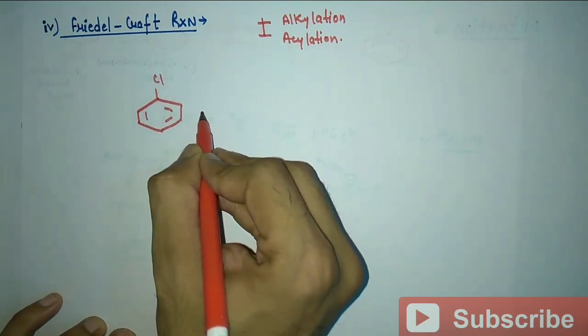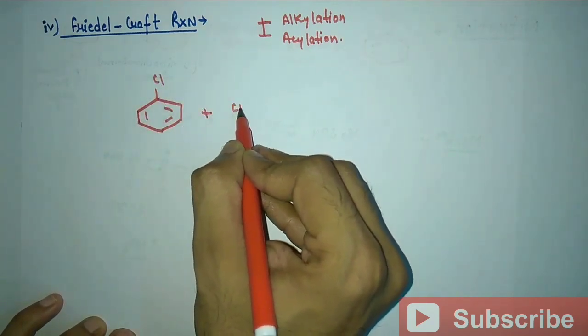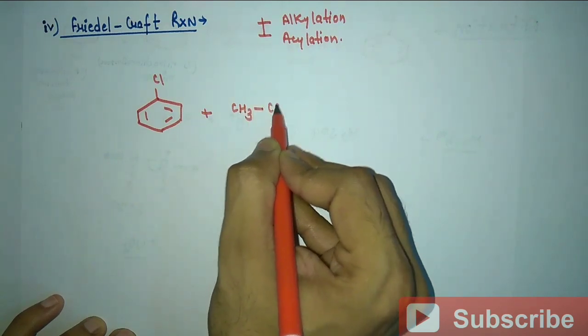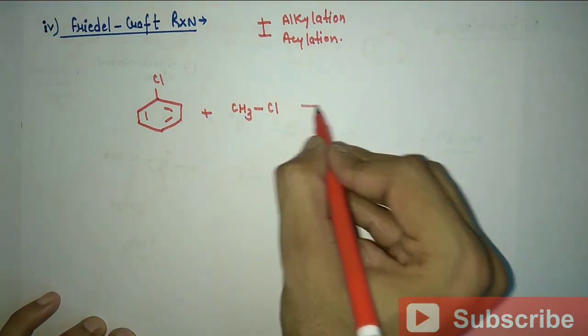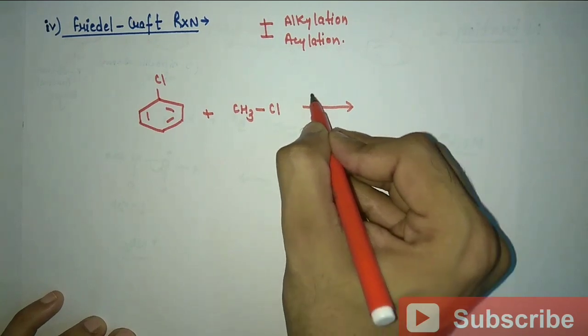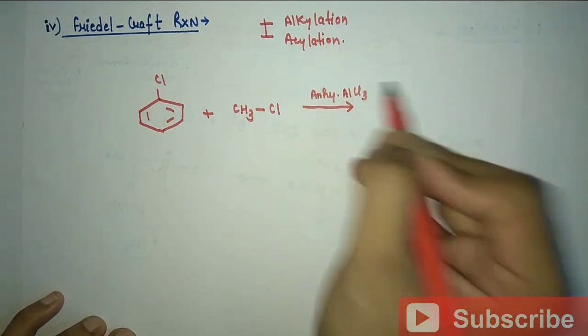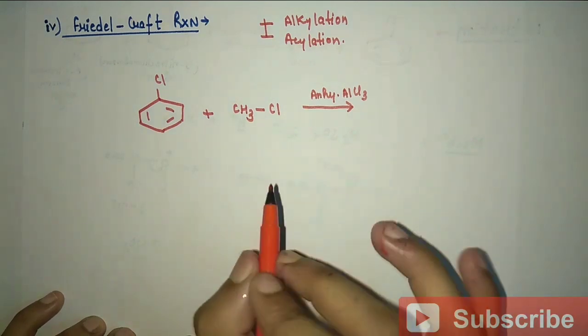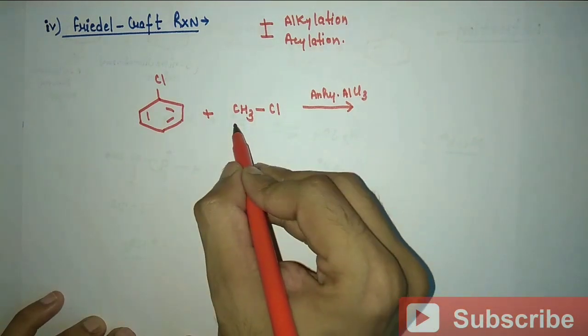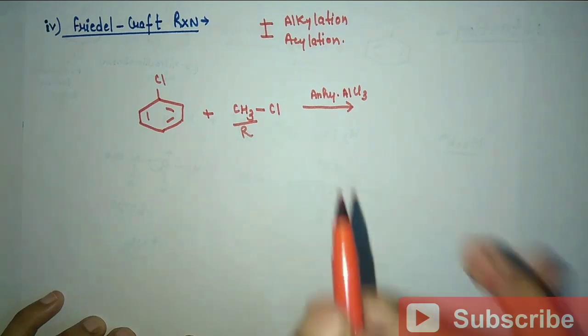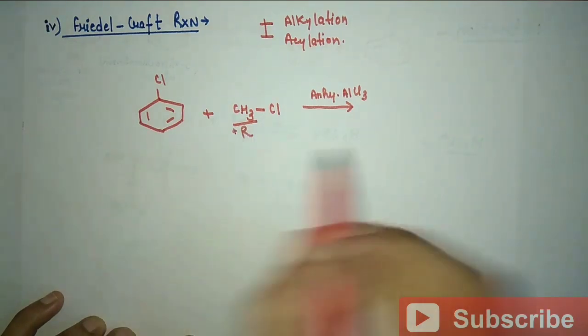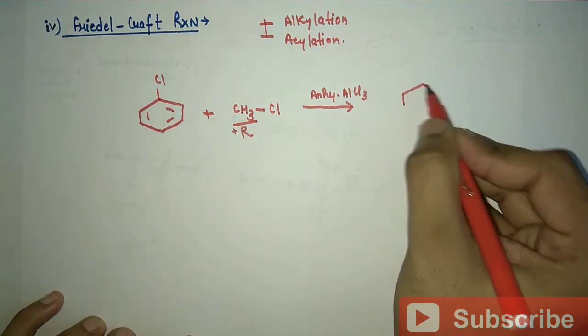When it reacts with alkyl halide, this is methyl chloride, in the presence of anhydrous AlCl3, the alkylation, that is this alkyl group, occurs at ortho and para position.